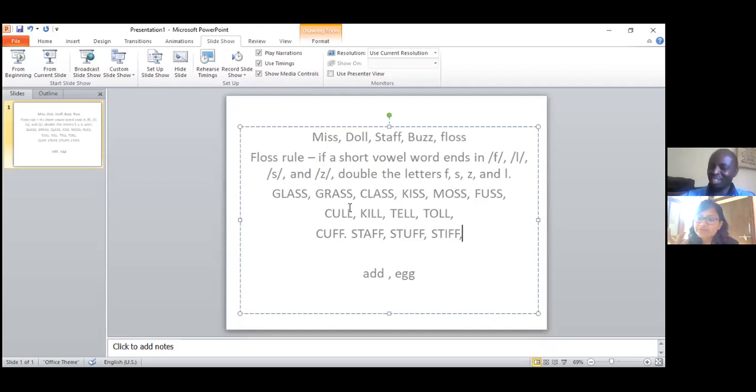The short vowel sound of letter A is not coming in the word glass, grass, and class. Which sound comes in there, Madam Shweta? The question is like in apple, ant. You got it? The short vowel sound.